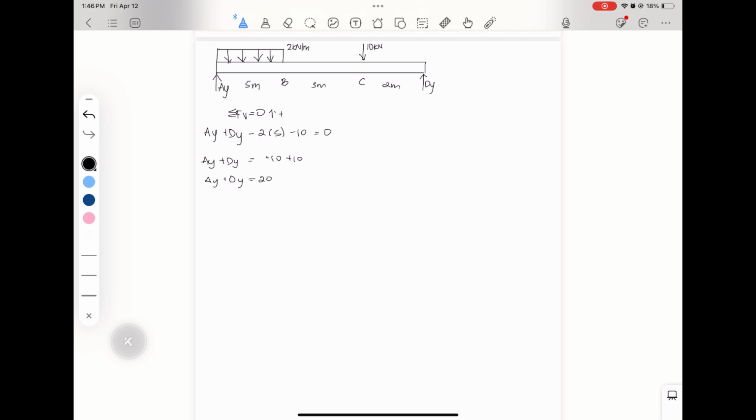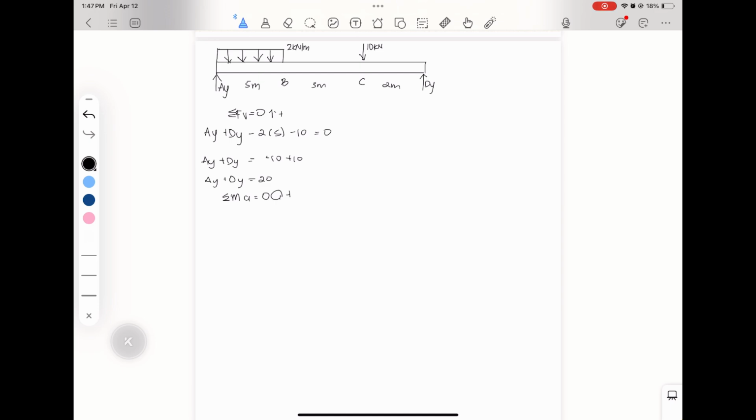So to eliminate one of the forces, we just have to take the summation of moment at either point A or at point D. So for us, gagawin na natin is we will take the summation of moment at point A. So summation of moment at A is equal to 0. Clockwise is positive.